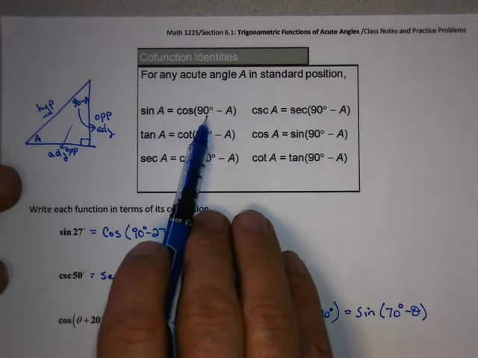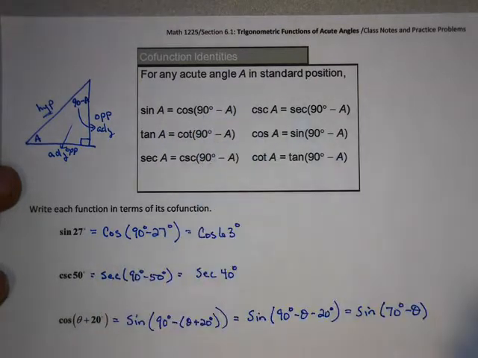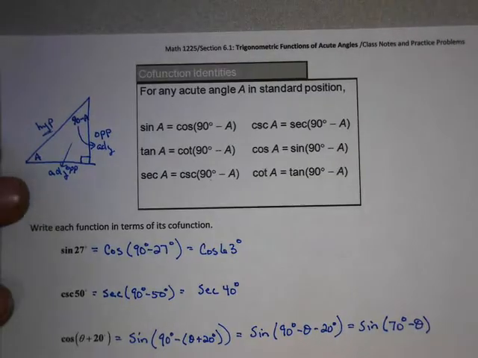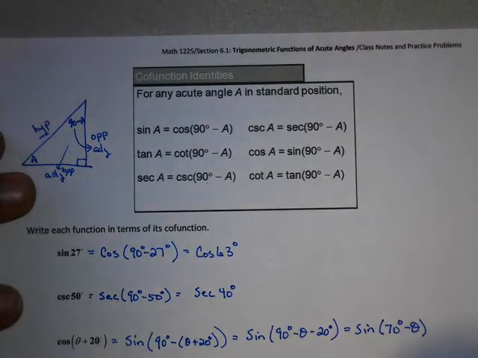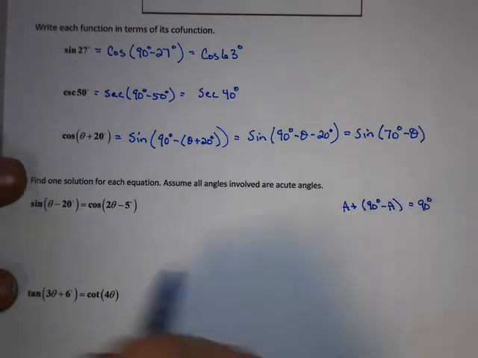A plus 90 degrees minus a is going to be 90 degrees. If I come over to here, you can see that up there. If I go a plus the other angle, 90 degrees minus a, we do get 90 degrees, because these a's would cancel.